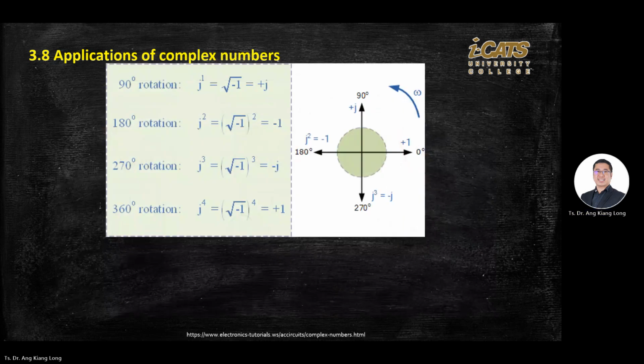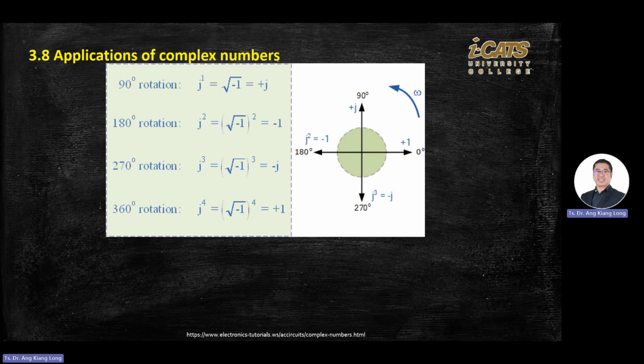Okay, this is just a revision. We look at the diagram first. You have degree 0 and it's anti-clockwise. If you have a 90 degree rotation, you have a positive J here. J is positive because it's shifting anti-clockwise.